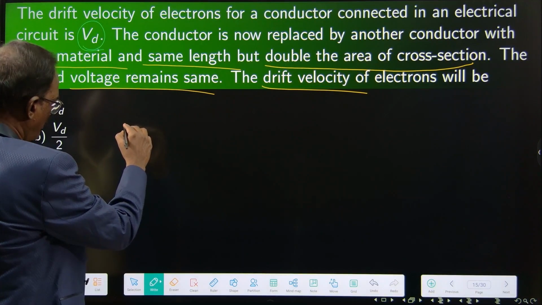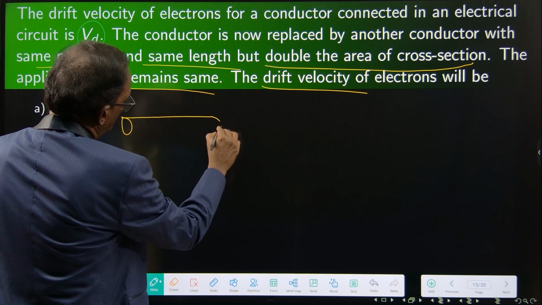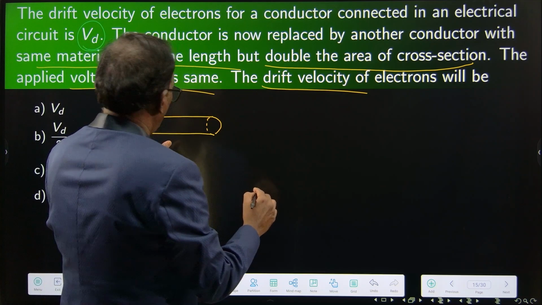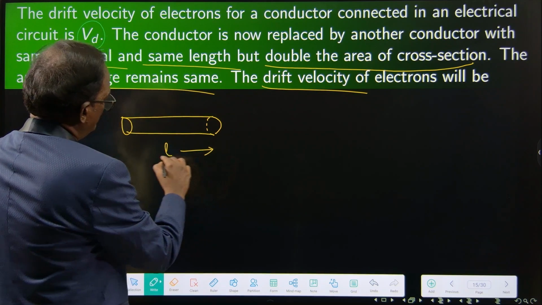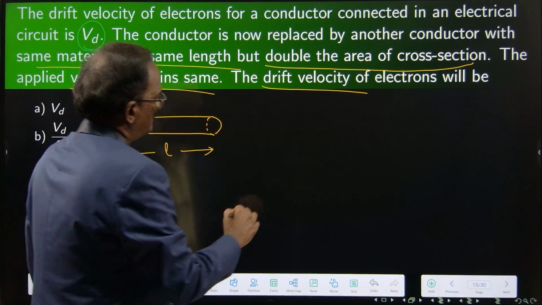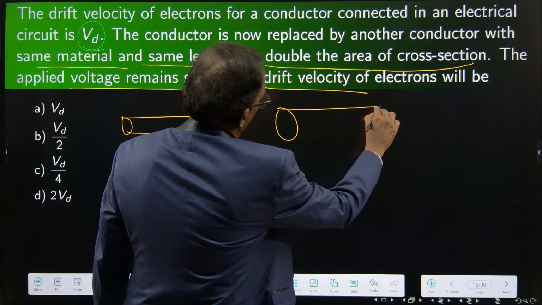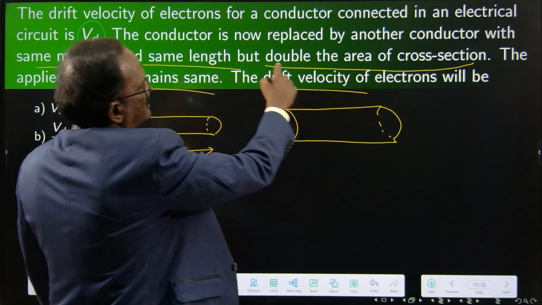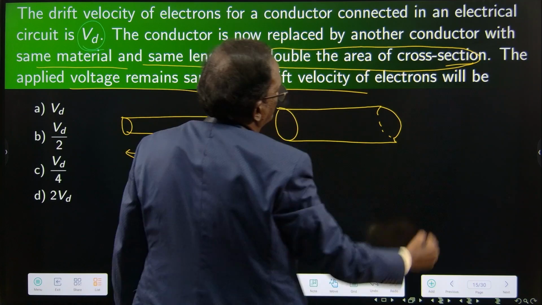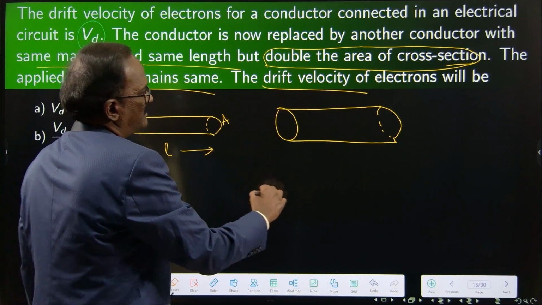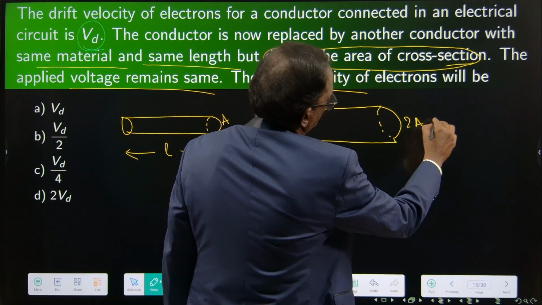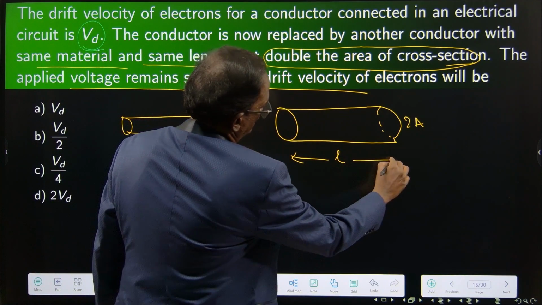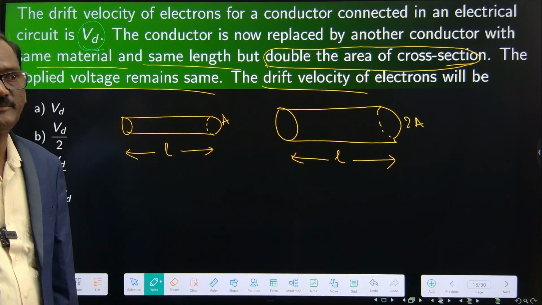So let me have the two conductors first. This conductor 1, length same, conductor 2, length same, but the cross sectional area is double the size. If it is A, then it will be 2A. Length remains same.